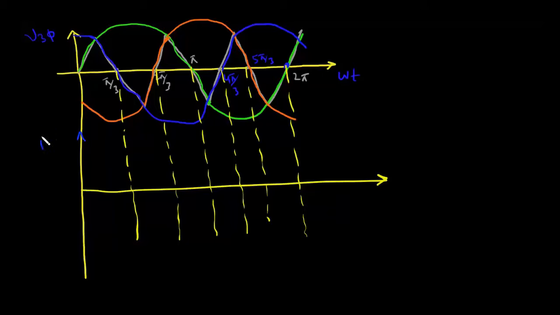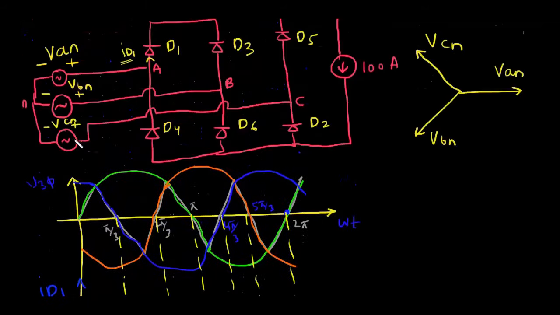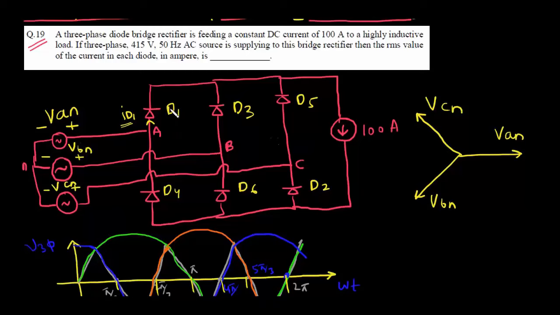Now let us sketch what ID1 is. Please notice here, the three diodes D1, D3 and D5 have a common anode terminal. So the diode which has the highest cathode potential will conduct.